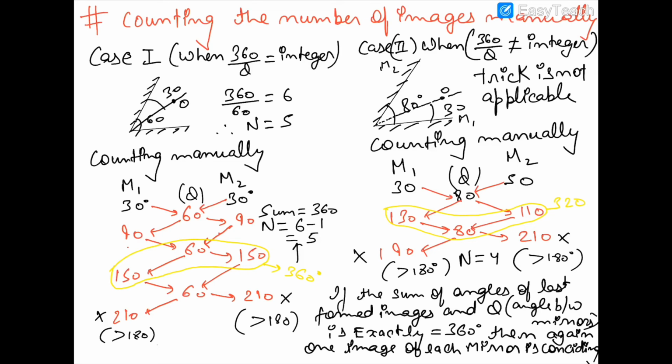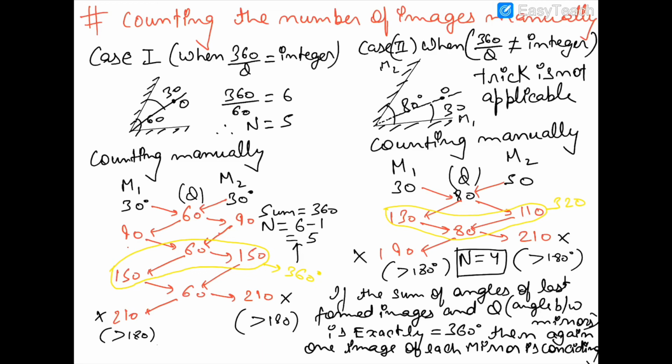I am representing 1, 2, 3, 4. These two images will be counted separately because they are not coinciding, because 320 is not equal to 360. So the number of images formed in this case will be 4.